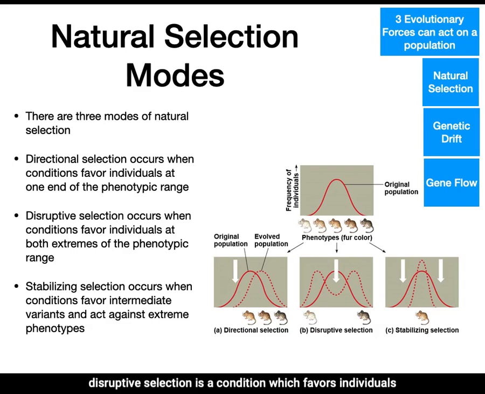Disruptive selection is a condition which favors individuals at both extremes of the phenotypic range. This is in graph B. So disruptive selection would favor both the lighter mouse and the darker mouse, but not a mouse of medium darkness. Finally, in Figure C is stabilizing selection. This is when conditions favor an intermediate variant, in this case the light brown mouse, and acts against extreme phenotypes.